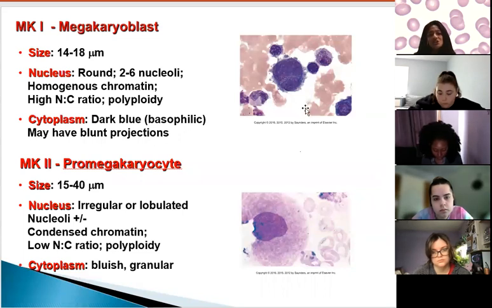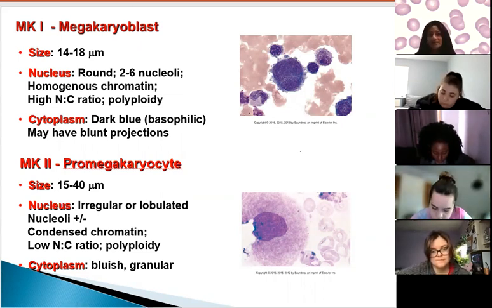It has homogeneous chromatin. Homogeneous chromatin means that it looks very soft, and it's hard to tell what kind of cell that is. It has a high NC ratio.